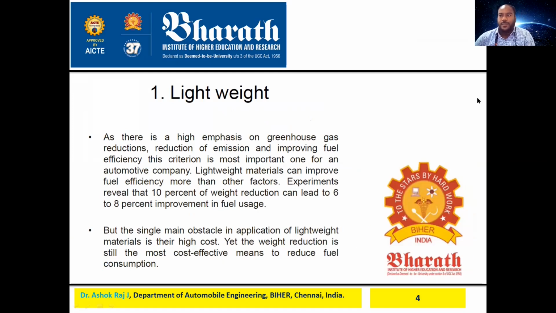If you give a lightweight product, they will be much happier with your product. Why do you want to give lightweight material? Because there is an emphasis on greenhouse gas emission reduction and improving fuel efficiency. This criterion is the most important one for automobile companies.